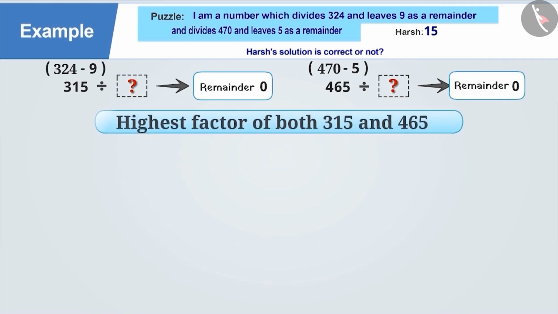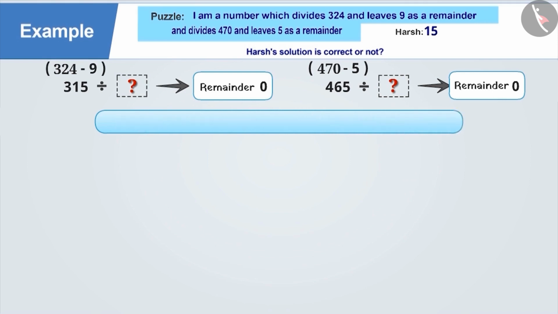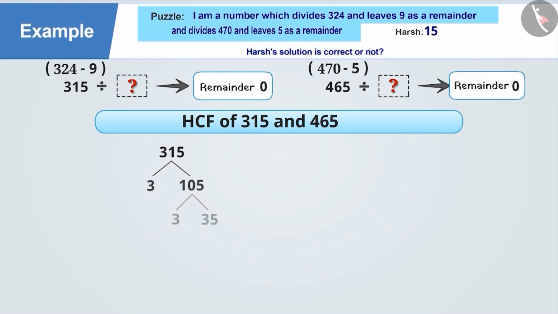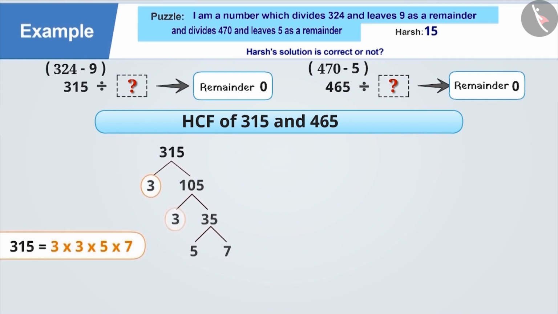That means the required number will be the highest common factor of both 315 and 465, which we call HCF. Let's find out the HCF of 315 and 465. First, perform the prime factorization of 315. We get 315 is equal to 3 into 3 into 5 into 7.